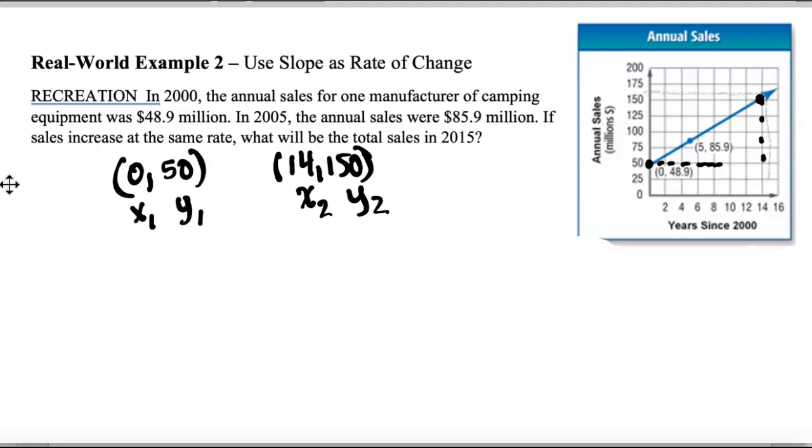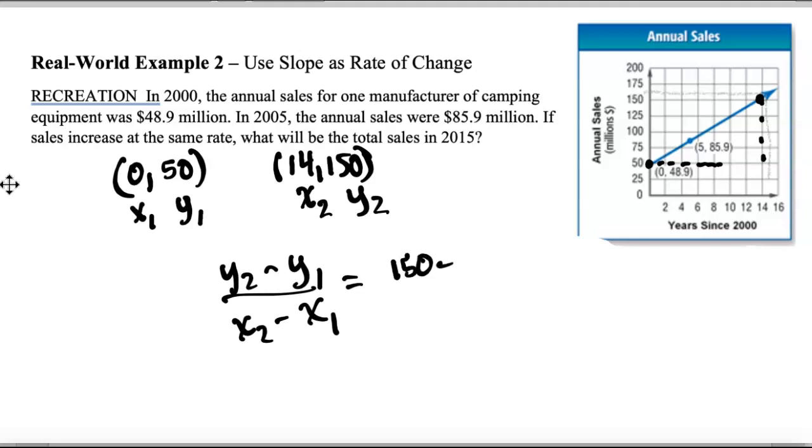So we fill in our parts, y sub 2 minus y sub 1 over x sub 2 minus x sub 1. So my y sub 2 is 150, minus my y sub 1, which is 50. My x sub 2 is 14, minus my x sub 1, which is 0, and you end up getting 100 over 14.